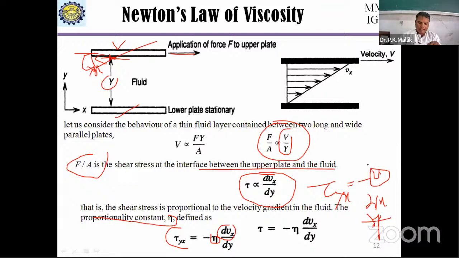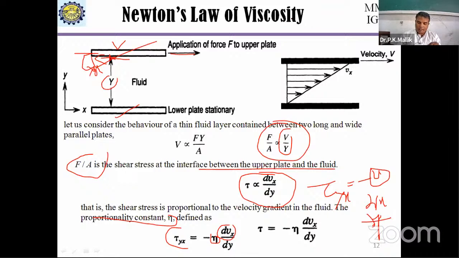The negative sign here indicates that when the velocity gradient dv x by dy is positive, the direction of momentum transport is from the region of higher velocity to lower velocity. That's why the rate of momentum transport is a negative quantity.